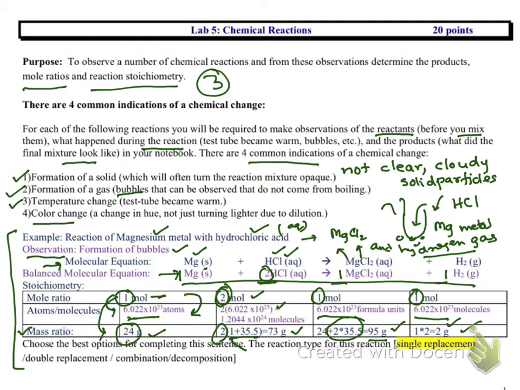Then, once I'm done filling this table, I have to answer the last part. Choose the best option. Is this a single replacement, double replacement, combination, or decomposition?